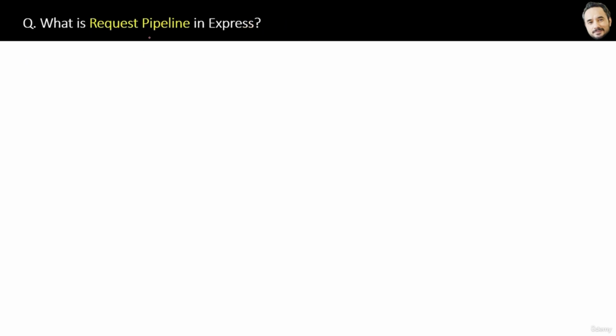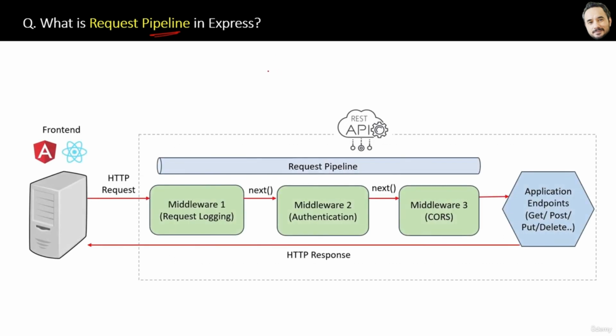What is the request pipeline in Express? You remember the middleware execution inside the REST API, right? As you can see, this request is passing through each middleware and finally reaching the application endpoints. So all these middleware executions happen one by one and together, and therefore they are sometimes also called a request pipeline.